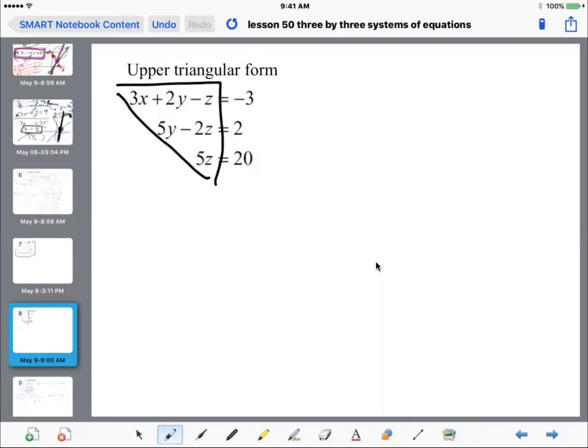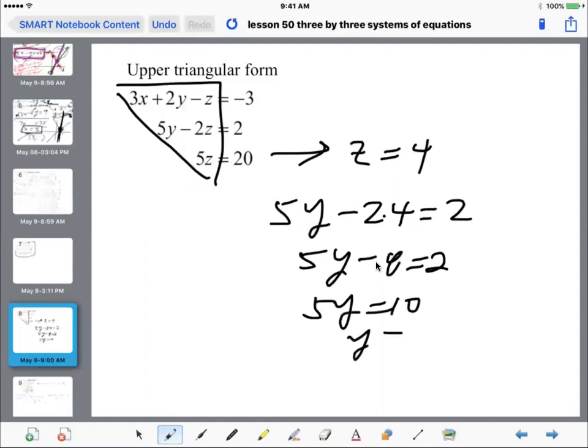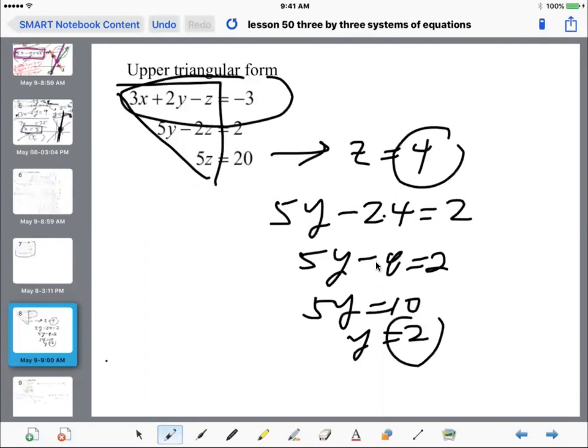And when it's in this form, it's real easy because you can take the last equation, divide both sides by 5 to get 4. Then you could go up the ladder, take the middle equation and the z value that you just figured out. And then you can take the z and the y that you figured out and plug them into the top equation.